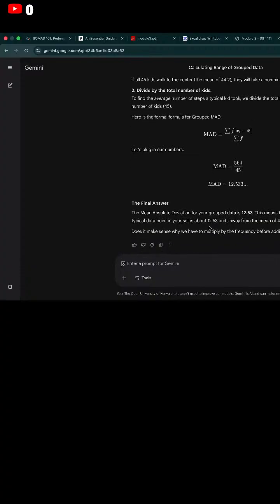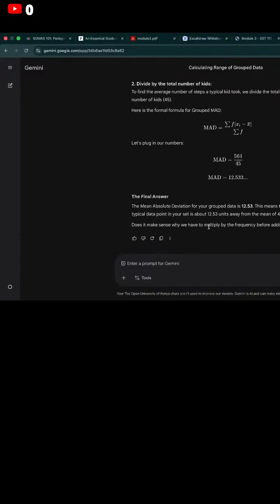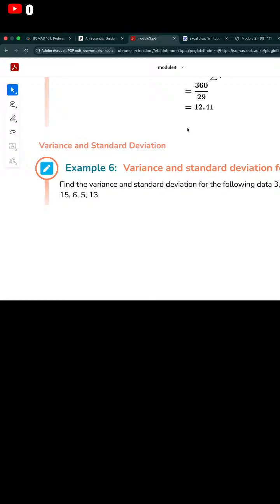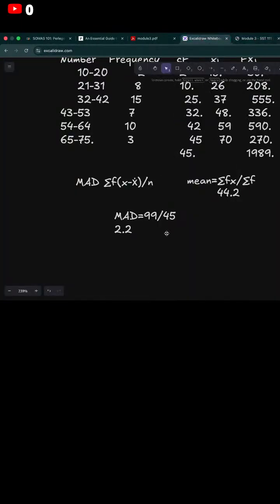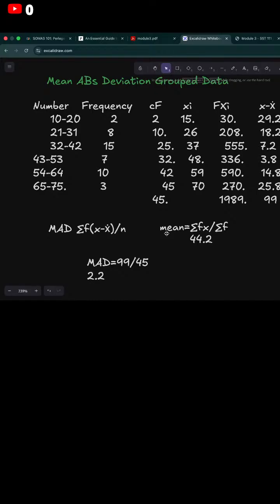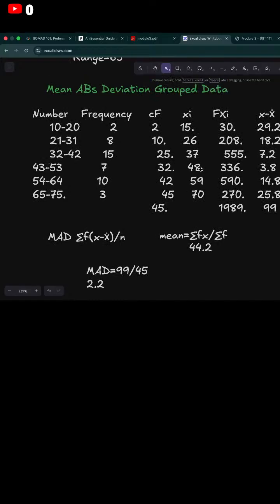So my calculation failed me. Well, so our mean deviation is 12.4. So let's check our math.